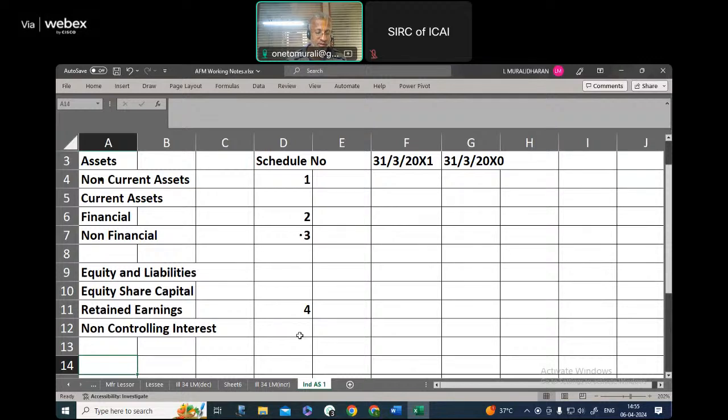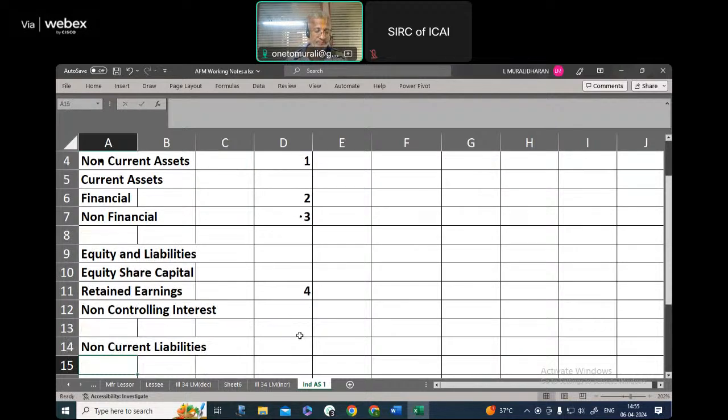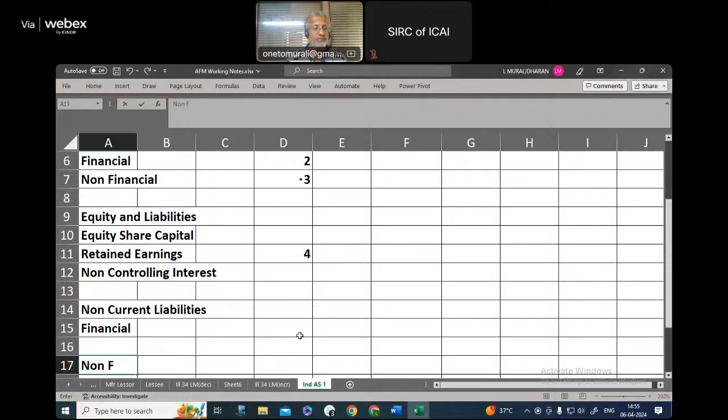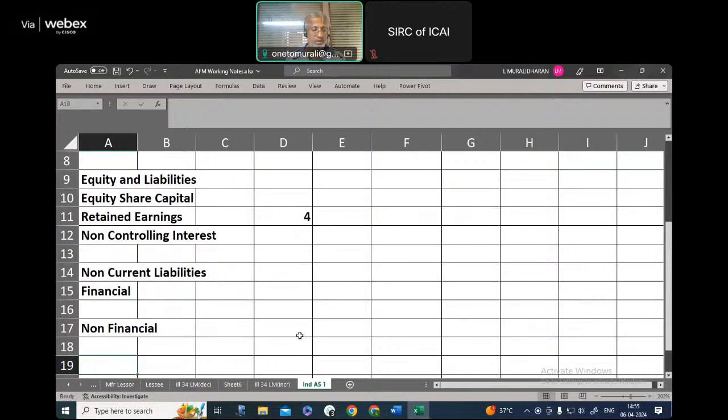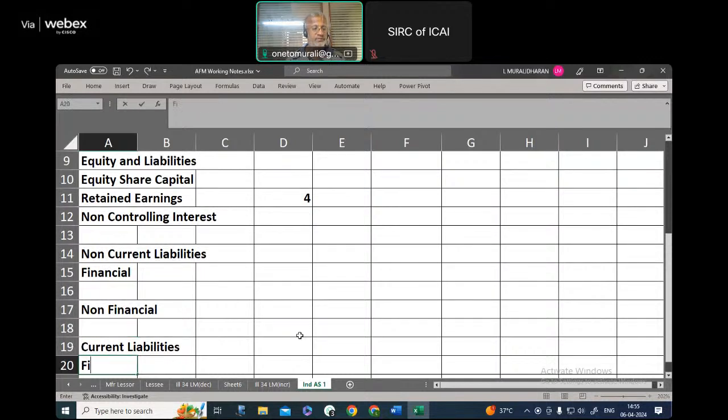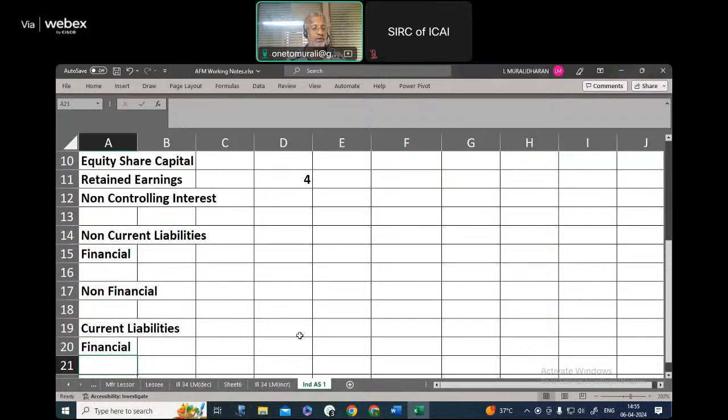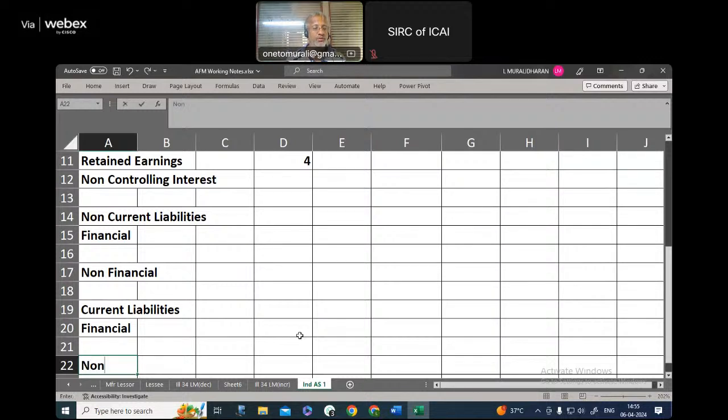Under that, non-current liabilities. Then under that, financial, non-financial, current liabilities, financial, non-financial.